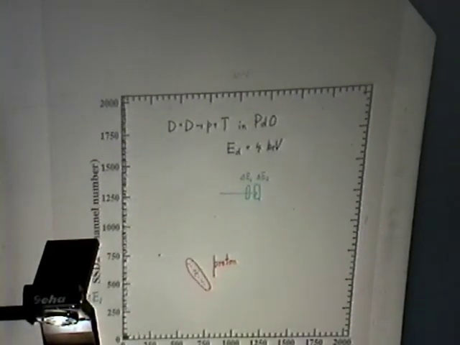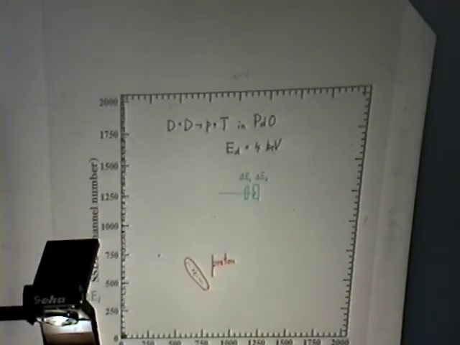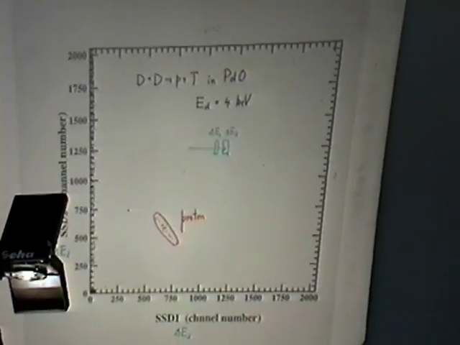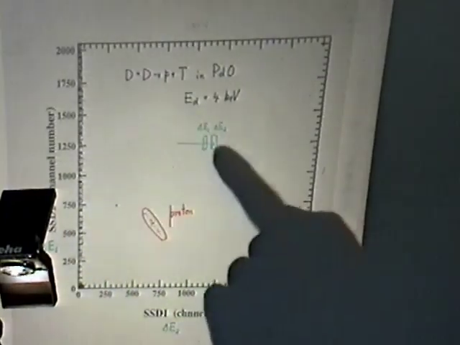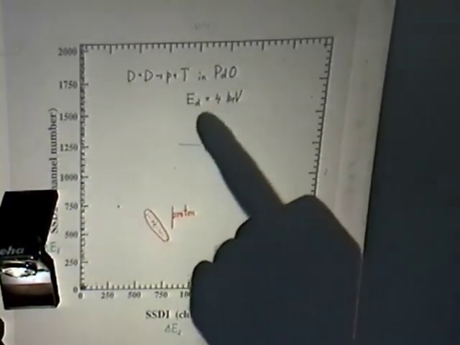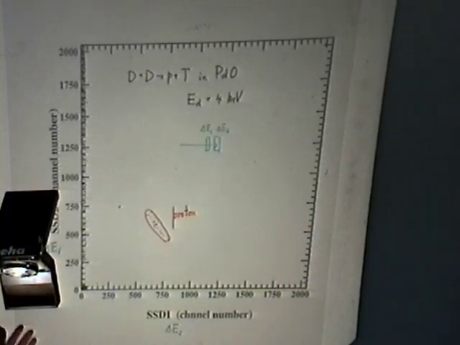This is a typical two-dimensional spectrum for the proton. I mean, D plus D makes proton plus tritium, and this is the 3 MeV proton emitted from that reaction in palladium oxide.